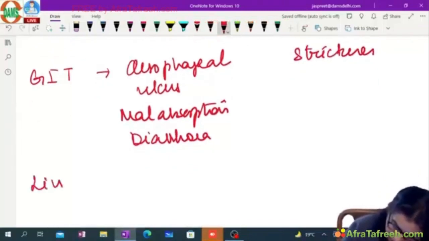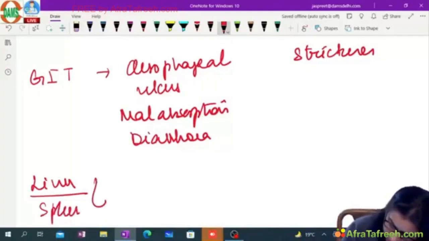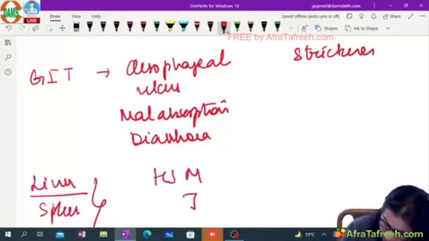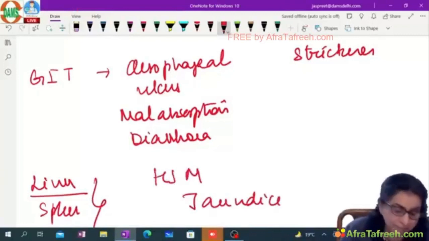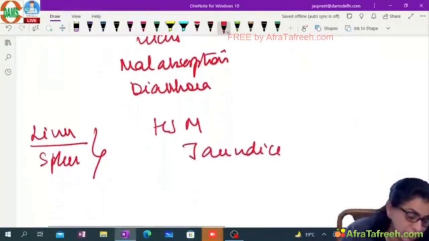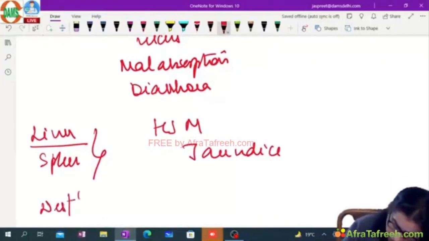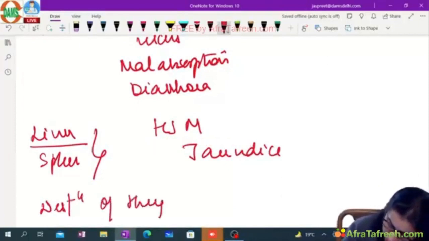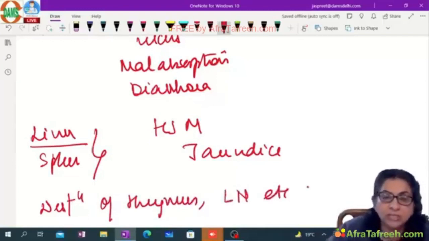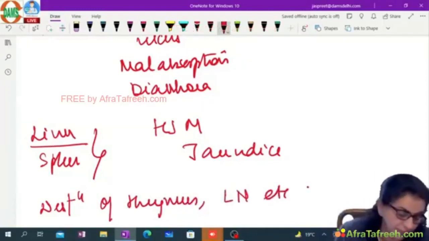Third, in the liver and spleen, there is hepatosplenomegaly, and they develop jaundice. Bile ducts are damaged. Then there is also destruction of thymus, lymph nodes, and other lymphoid organs. So the donor T cells go around destroying everything.